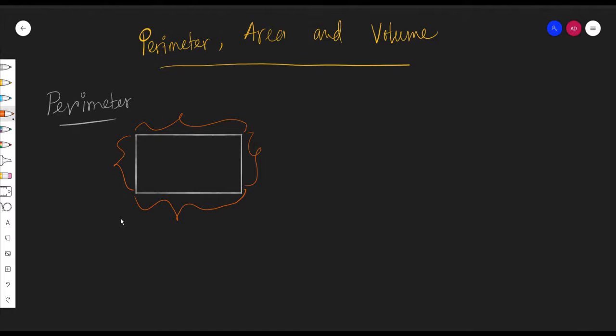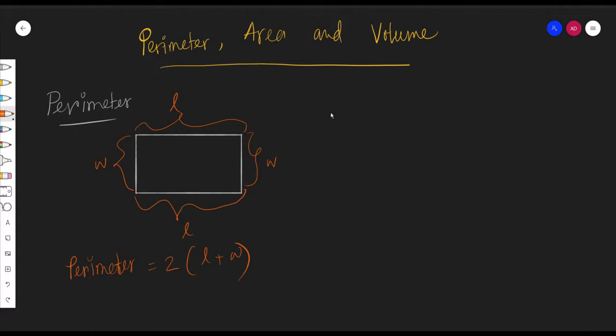This is a rectangle where opposite lengths and widths are equal. If this one is L, this one is L as well, and this is width, and this is width as well. So the value of perimeter will be 2 into length plus width. This is called the perimeter of any shape. We will add all the values, that's it.